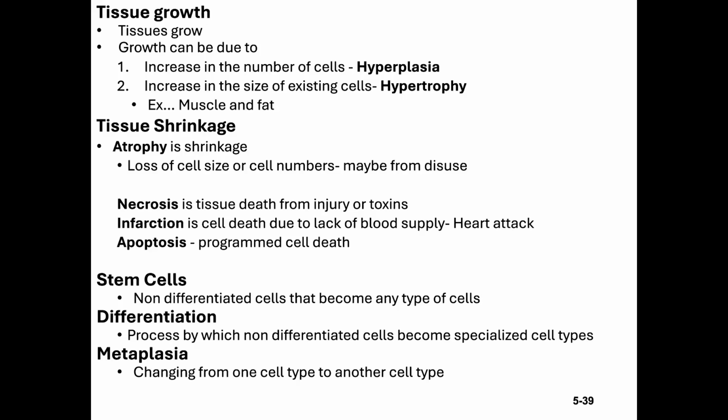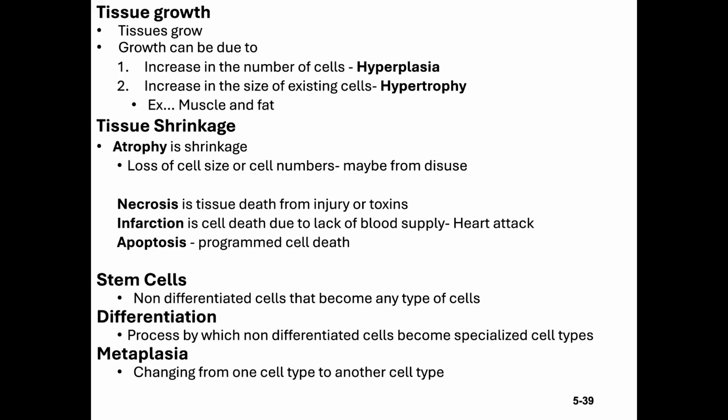So a non-differentiated cell or a stem cell can become a specialized cell. Once it becomes a differentiated cell or a specialized cell, it will only do that particular function. Whereas a stem cell can become any cell, a differentiated cell can only give rise to that particular type of cells.